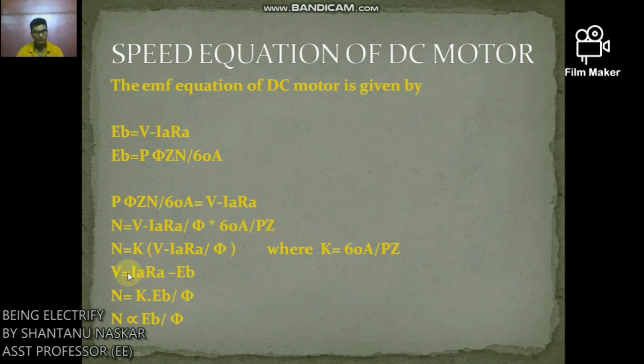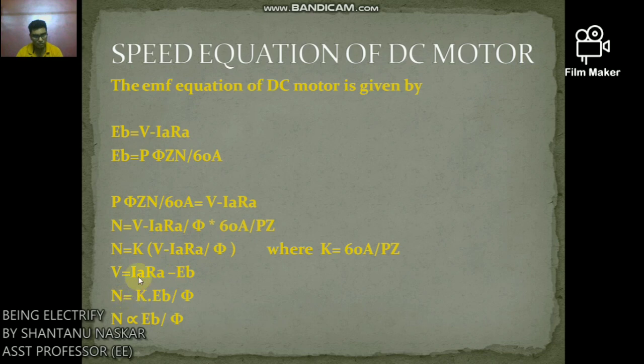Now V minus Ia Ra equals Eb. So this V minus Ia Ra we can rewrite as Eb.